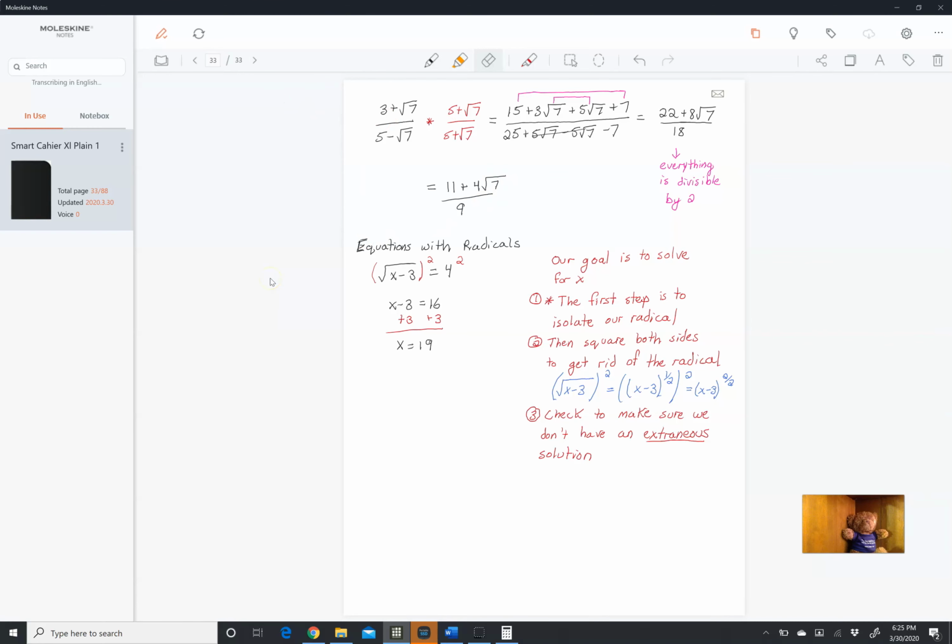So an extraneous solution is a solution to the equation, to our new equation, but it's not necessarily a solution to the original equation. So when we square both sides, we get this new equation, x minus 3 equals 16. So x equals 19 is a solution to this equation, but it may not be a solution to this one. Okay, so that's what an extraneous solution is. So a solution to the final equation, but not the original.